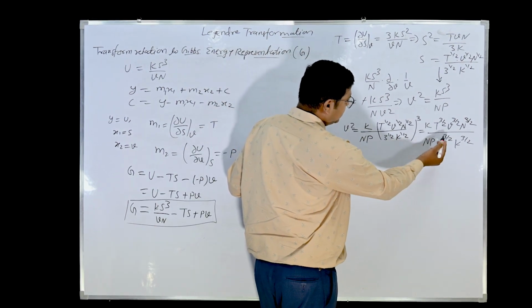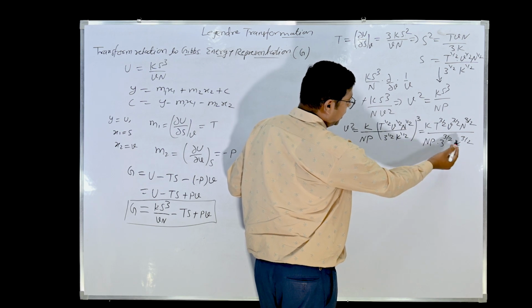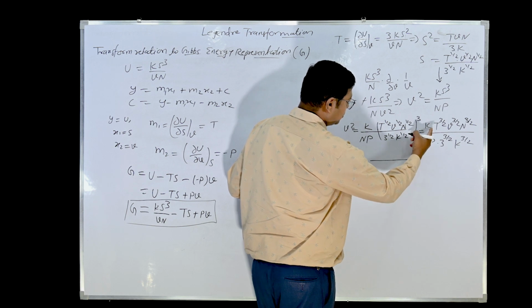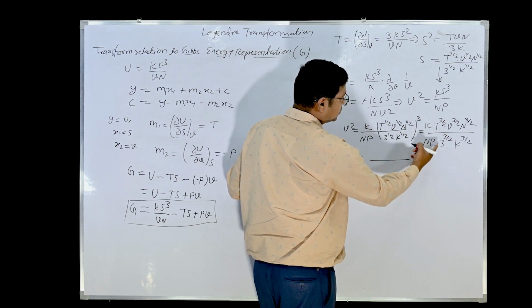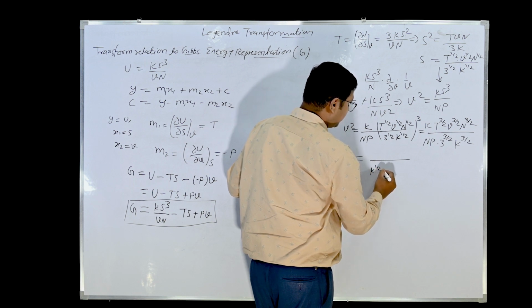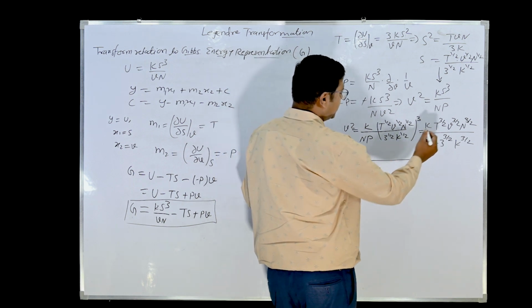So K is here, K and K to the power 3 by 2. So let's solve K first. So this will become minus 1, so K to the power 1 by 2. Let's take another term.